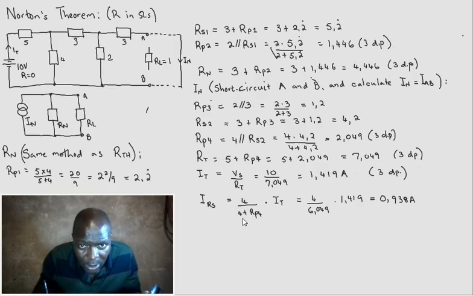Which is 4.2. We're supposed to say this R series 2, and this is supposed to be R series 2. And this cannot be that, because it's 8.24 and 4.2 is 8.2.